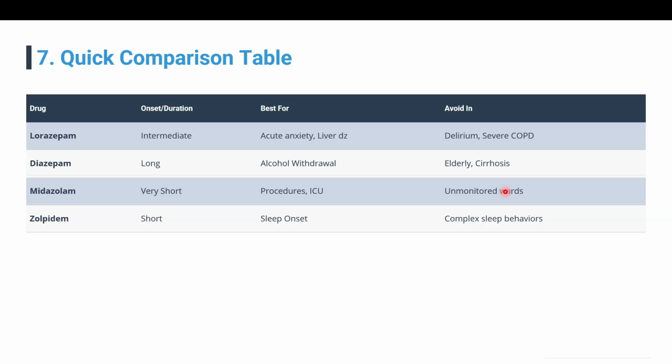Always document clearly the indication, the dose, the review date, and whether the patient was warned about the side effects. On deprescribing, if used for more than 2 weeks, try to taper rather than stopping abruptly, because benzodiazepines can lead to withdrawal as well as dependence.